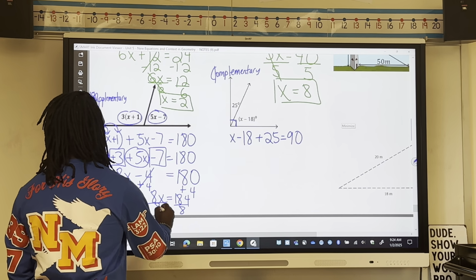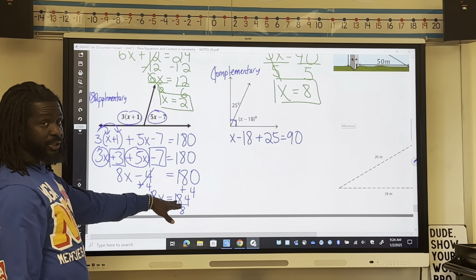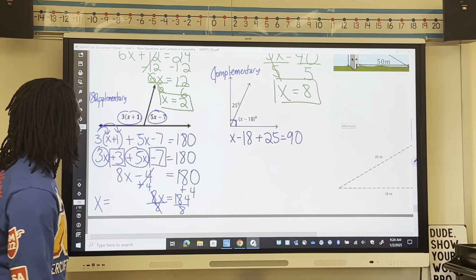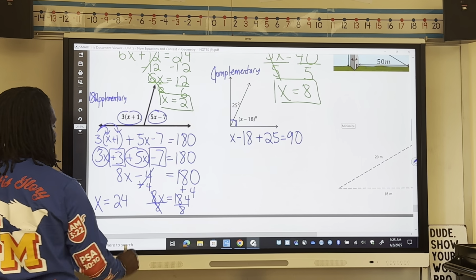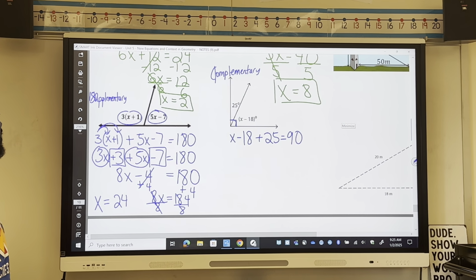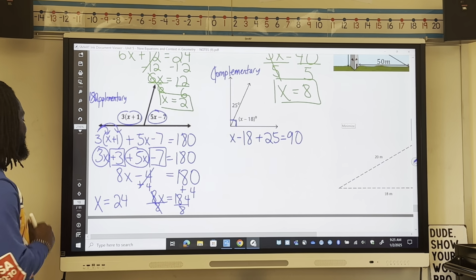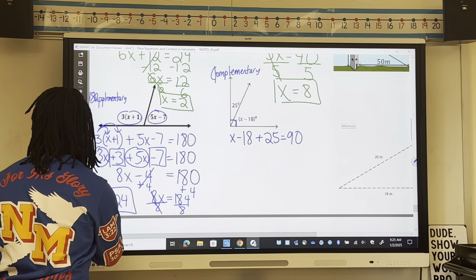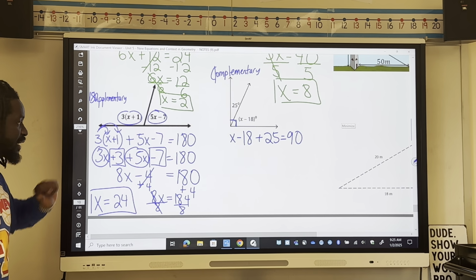The 8's cancel, and that leaves me with x equals 184 divided by 8. And that gives me 24. All right. So I can check to see if that is my correct answer by plugging that in.